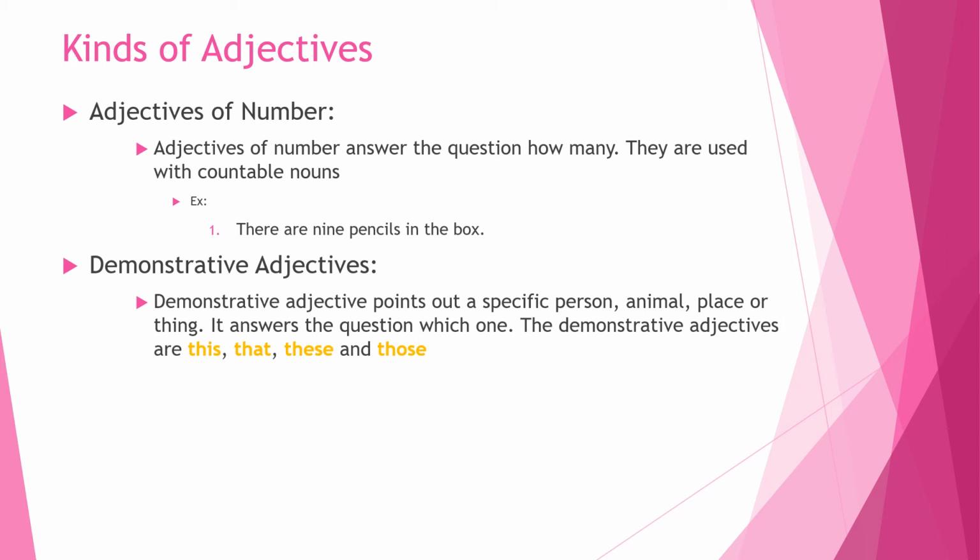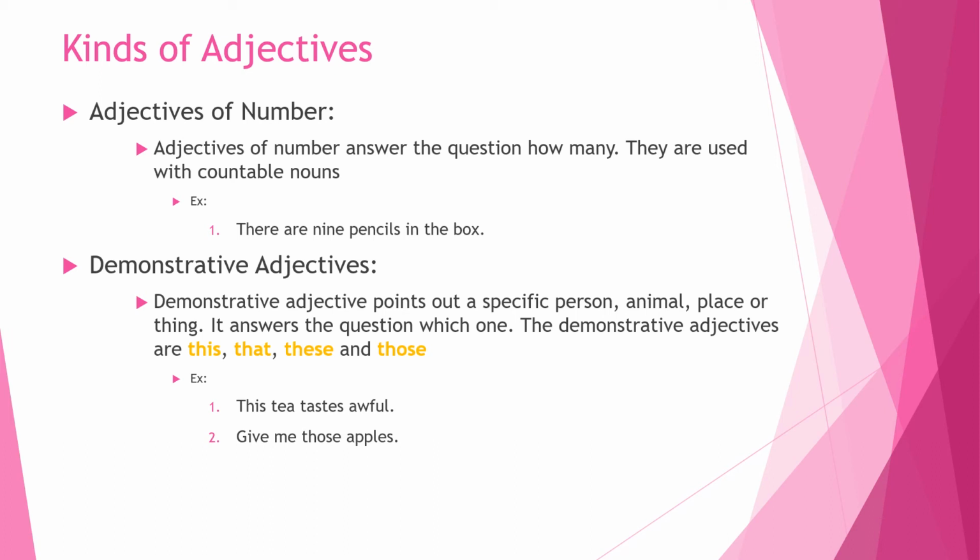In this example given below, this tea tastes awful. In this sentence, we are pointing to a specific tea which is in front of us, that is this. So, this is a demonstrative adjective in the sentence.